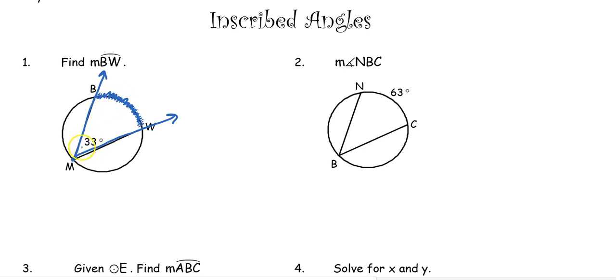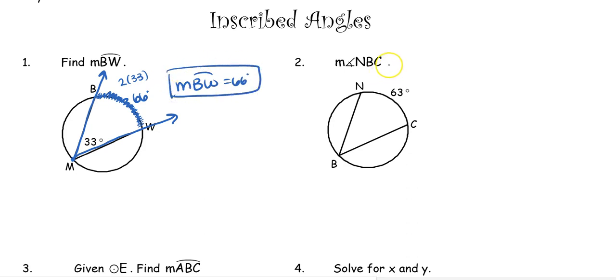The angle is clearly a smaller measurement than the arc, so the arc is going to be bigger. It's going to be exactly double. The angle is half the arc, and the arc is double the angle. So if this angle is 33, we do 2 times 33, and that missing arc there, the measure of arc BW, is going to be 66 degrees.